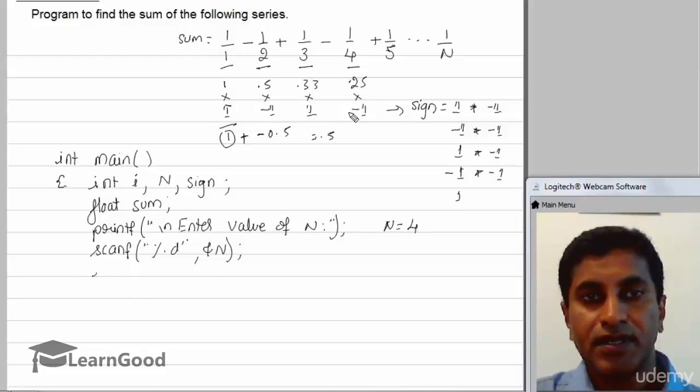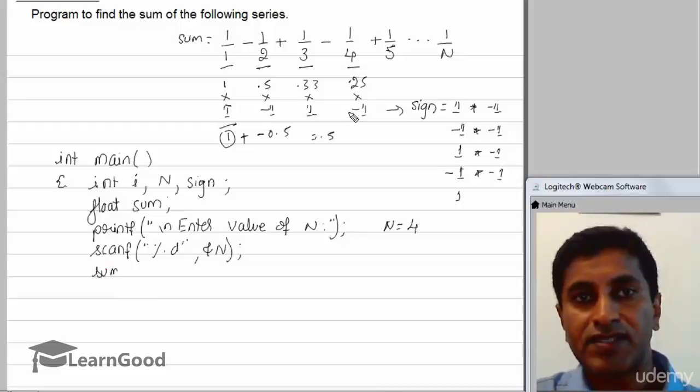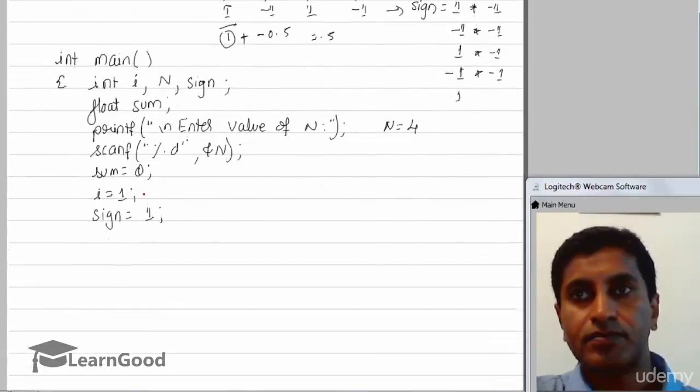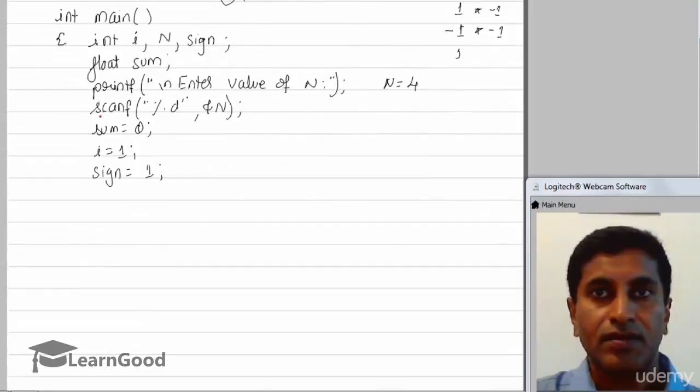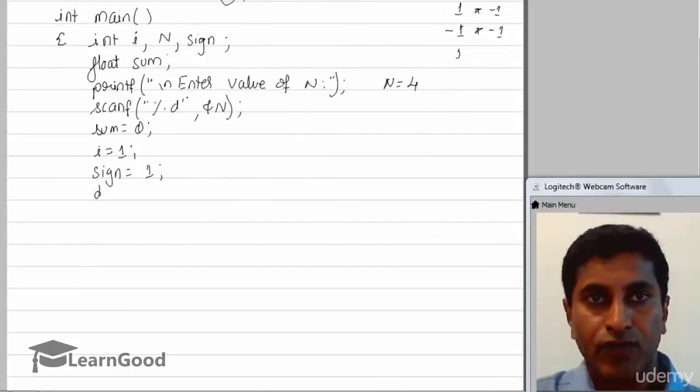Then your sum value will start from 0, the I value will start from 1, and the first term should be positive, so the sign value also we initialize to plus 1. Now take a do while loop.